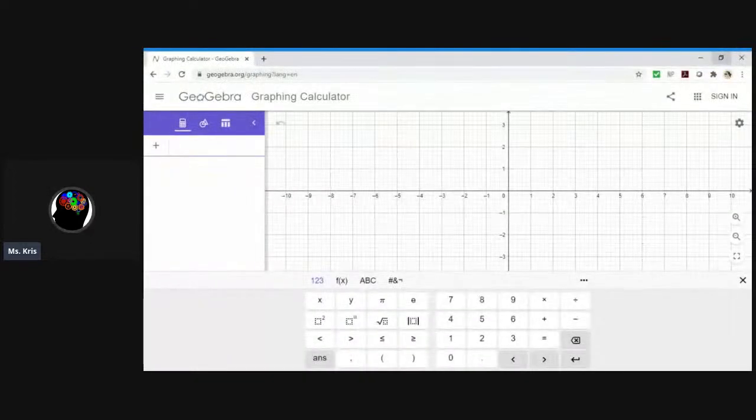As you can see, I have a handy dandy graphing calculator.